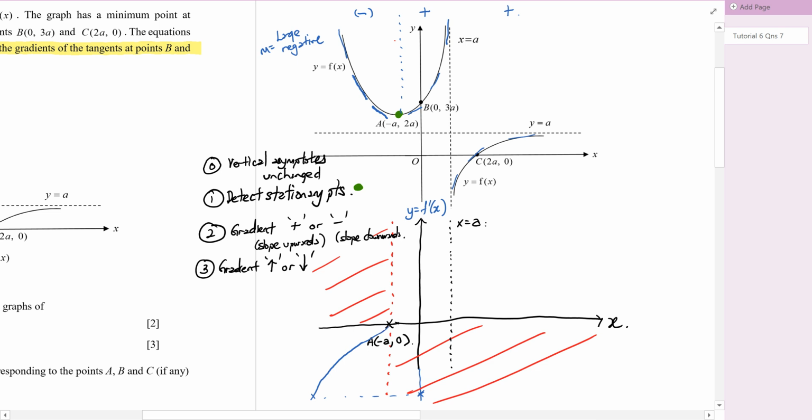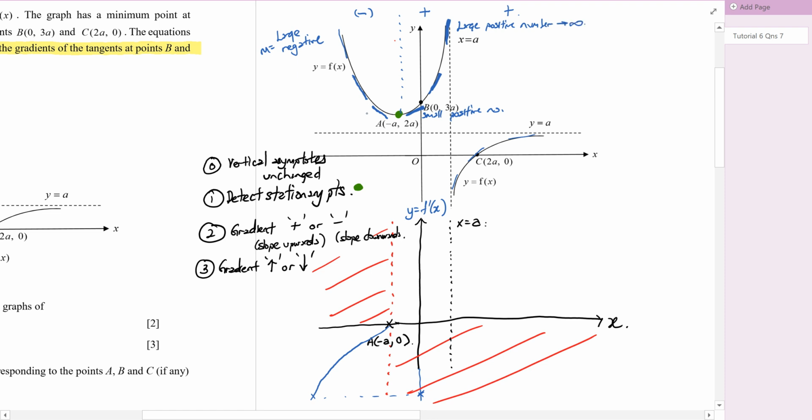And then at point A, the gradient is 0. Now here, if you look at the top curve, the gradient is starting to increase, from a small positive number all the way to a large positive number, in fact approaching infinity.